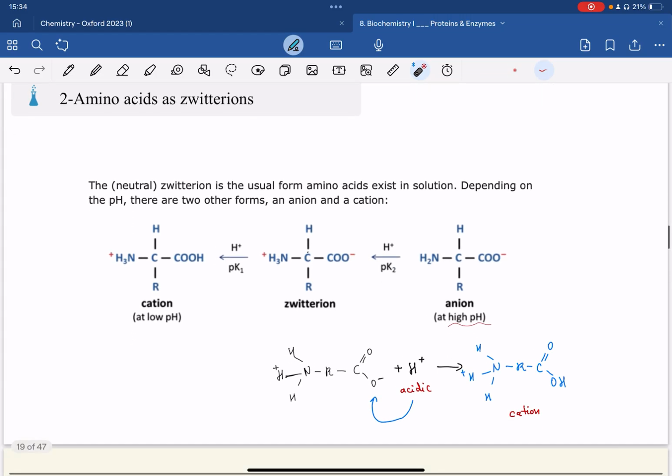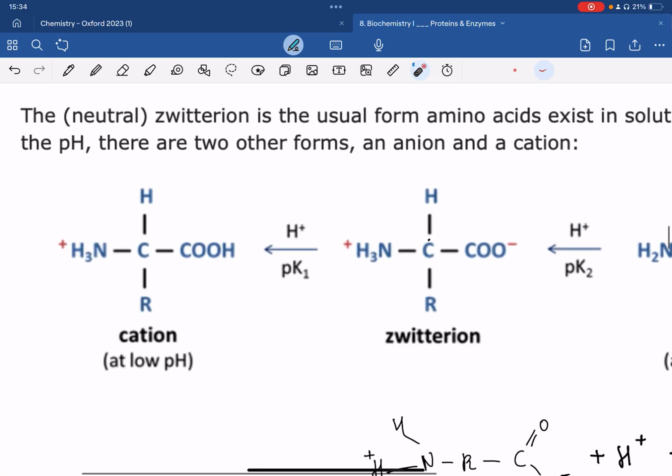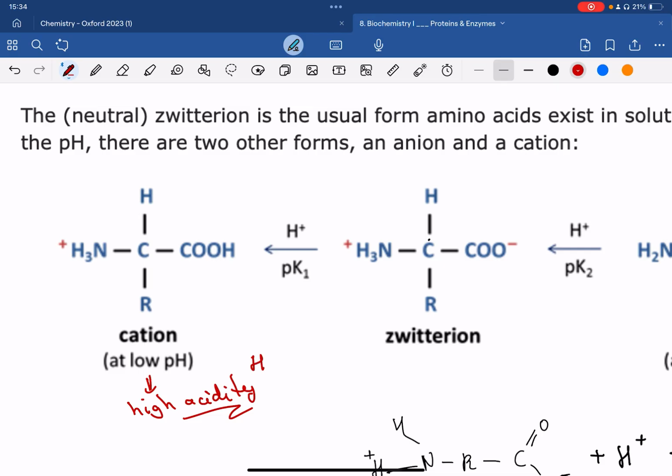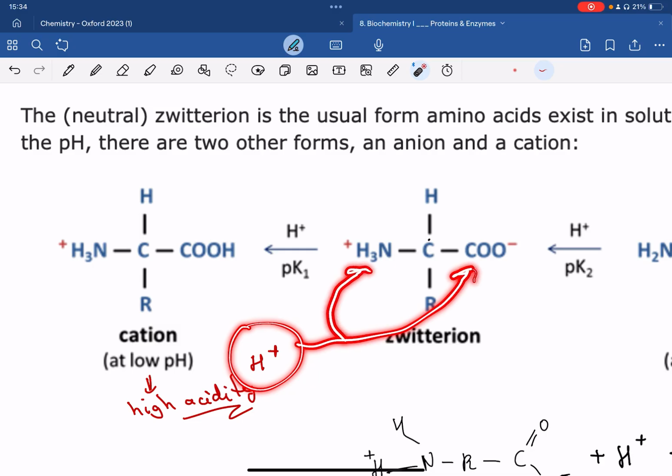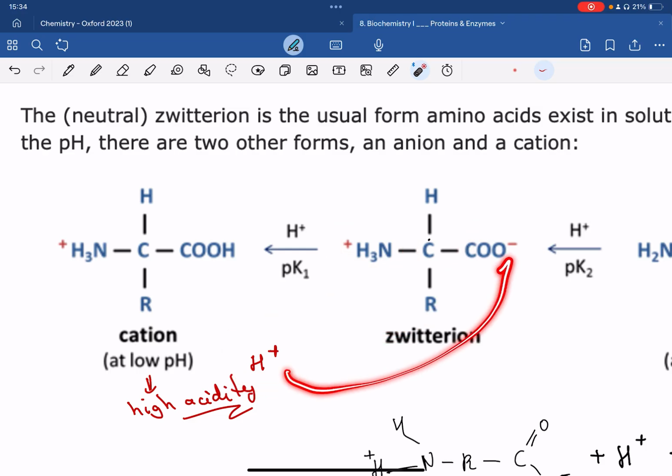We have both forms. Also know that whenever we have low pH, it means high acidity. High acidity means that we have lots of H positives. Where is it going to attack? Is it going to attack the positive side of the zwitterion or the negative side? We know the positive attacks negative. It comes in here, which creates COOH.